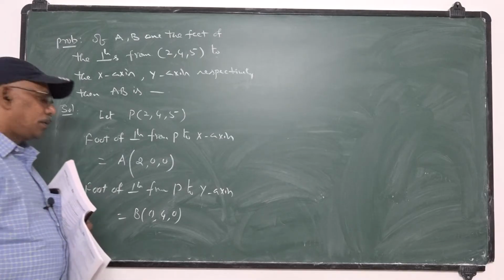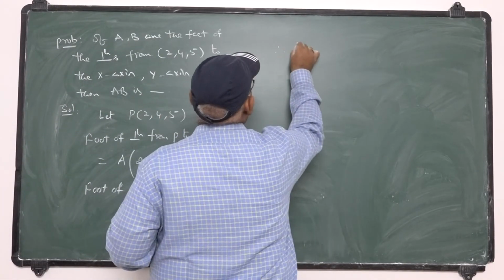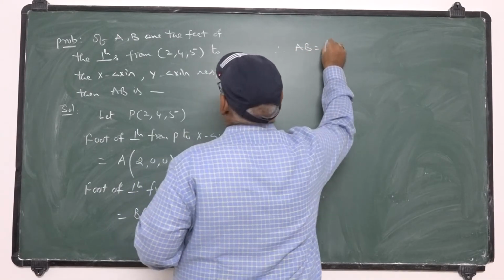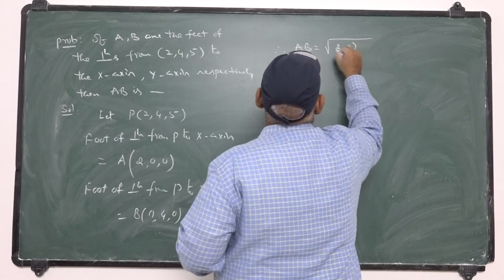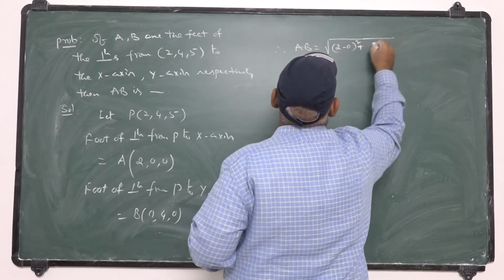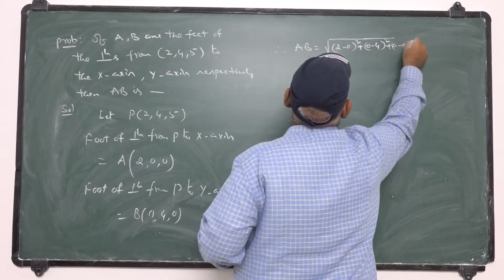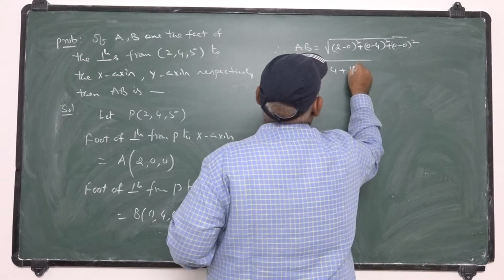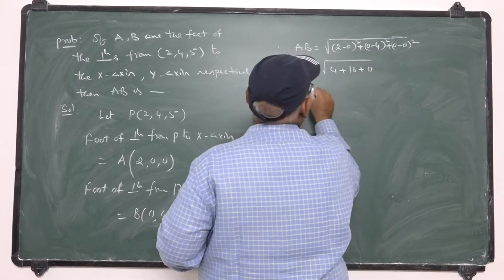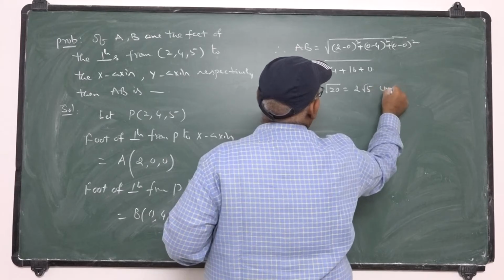Therefore, the AB distance, the distance between 2 points, is 2 minus 0 whole square plus 0 minus 4 whole square plus 0 minus 0 whole square, which is nothing but 4 plus 16 plus 0, root 20, 2 root 5 units.